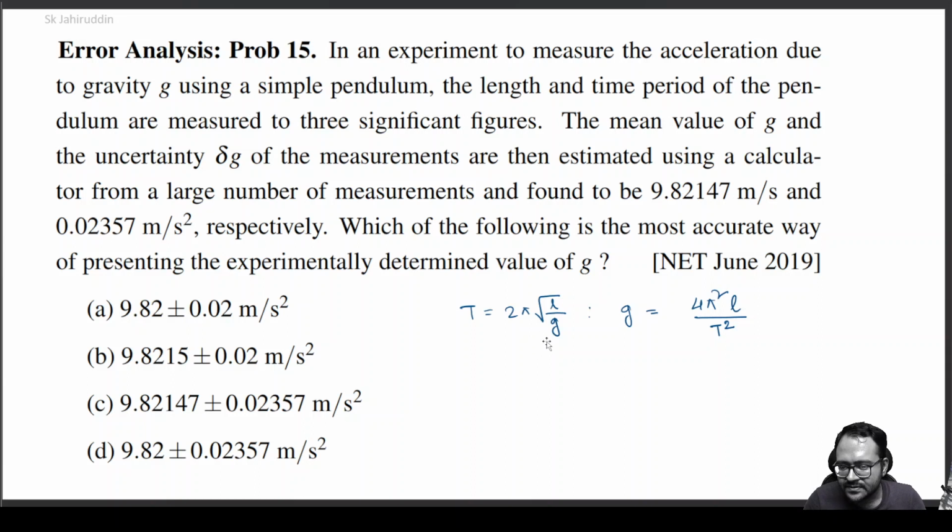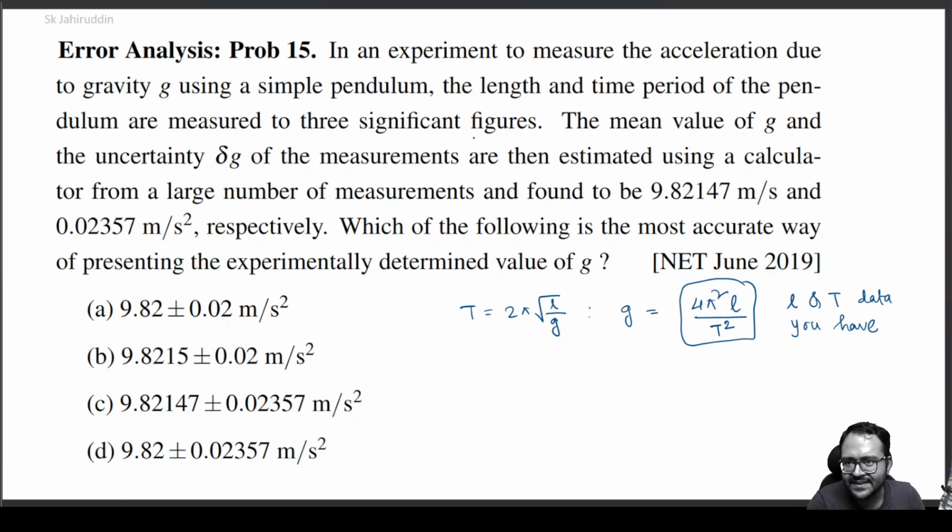So you are measuring G from this data, L and T, the data you have. So using this L and T data, you are finding G.